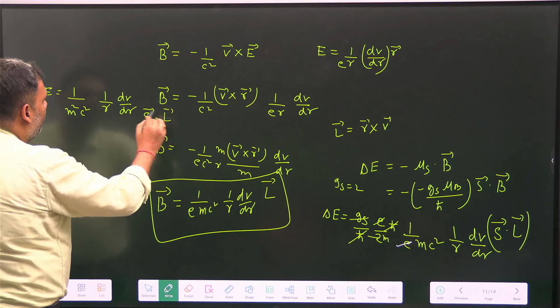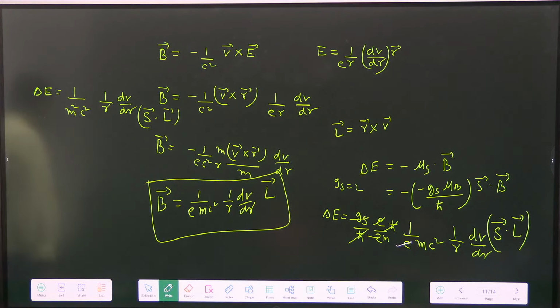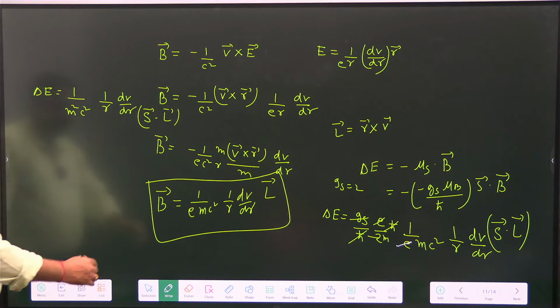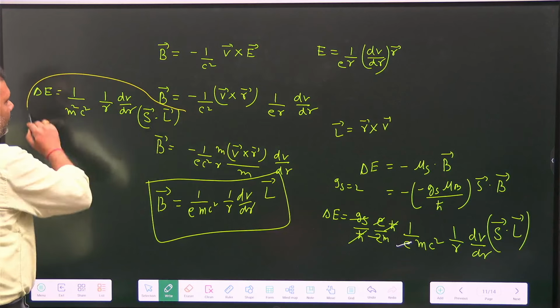That's the coupling term, that value is S dot L. This is basically the correction.